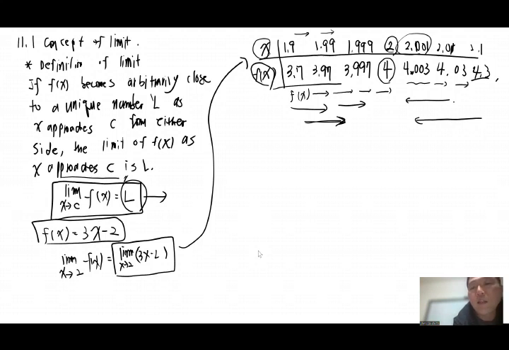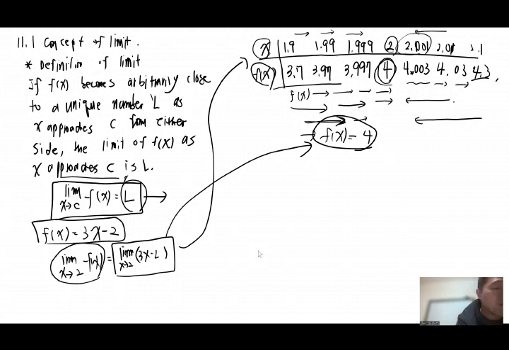So as x gets into the number 2, f(x) becomes closer to the number 4. As you can see, if we set up the limit case with x at the number 2, then f(x) becomes the number 4 based on this given function.